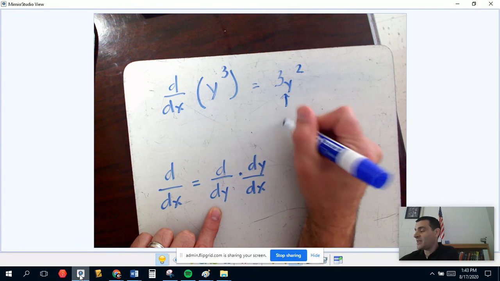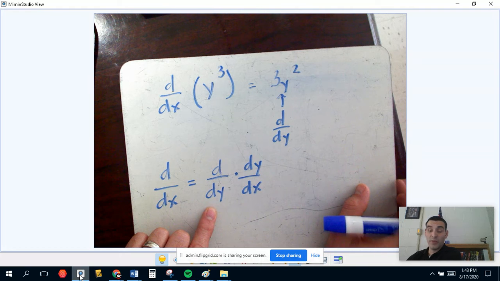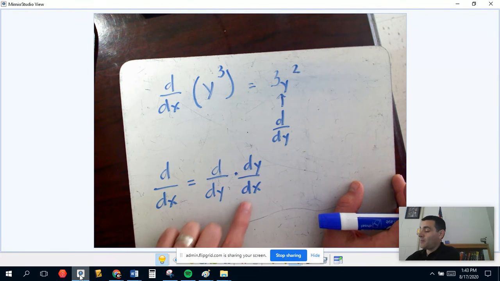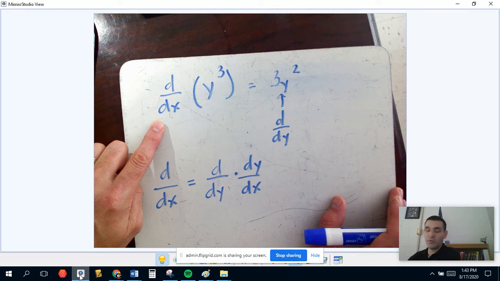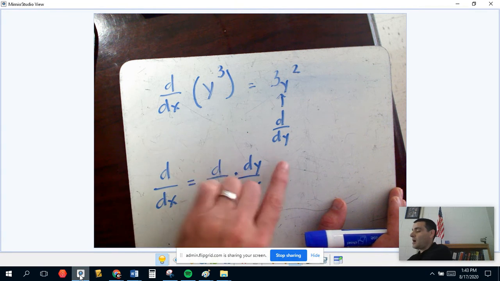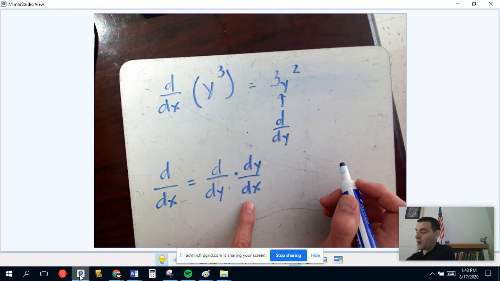This is d dy, the derivative with respect to y. But to compensate, because for the entire problem I'm taking d dx, which is really what I want to do, since I instead did d dy, I've got to put this part with it.